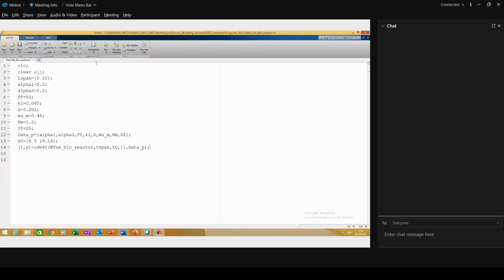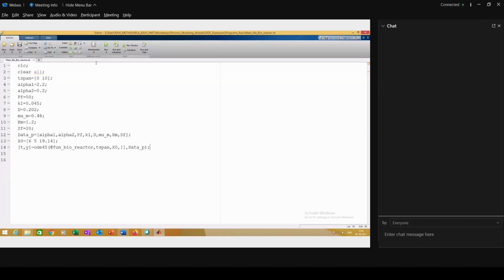For example, we can set the maximum tolerance, relative tolerance, and maximum number of iterations. You can see that in the help, odeset. After giving these empty brackets, I can give any number of parameters.